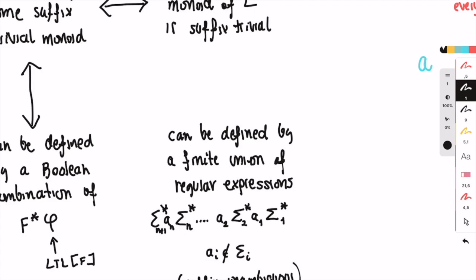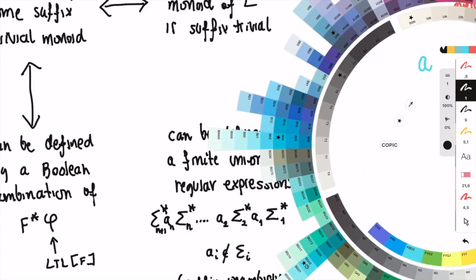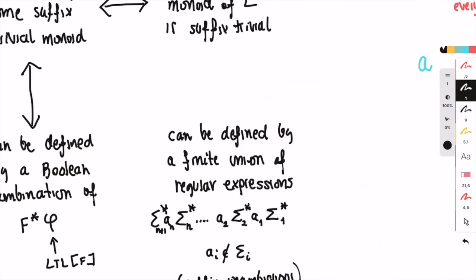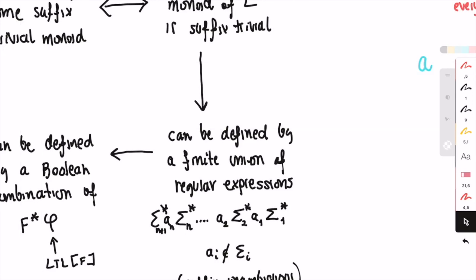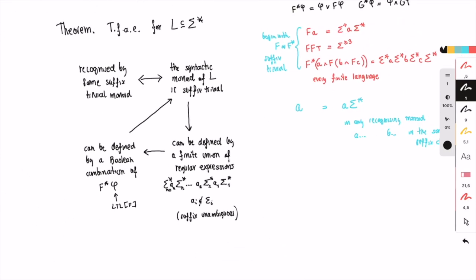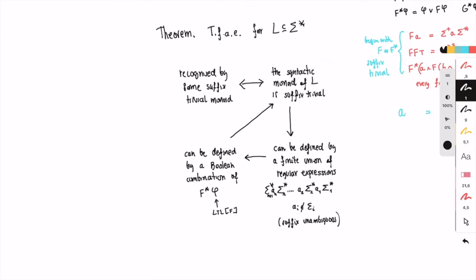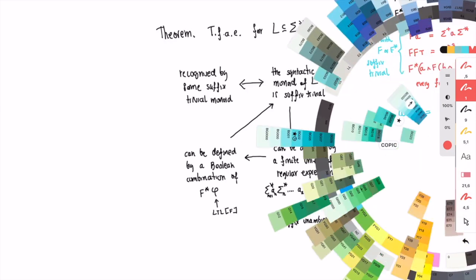So let me maybe give you an example. Well, let's first do it like this, and actually the proof is going to go like this. So this is the theorem. Let's maybe give you an example of some suffix unambiguous expressions before we continue.